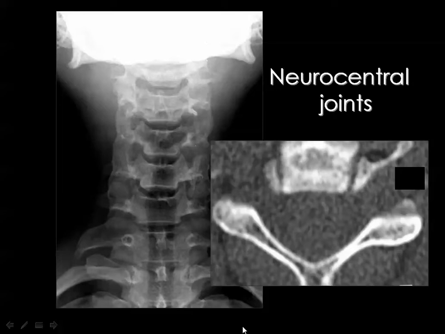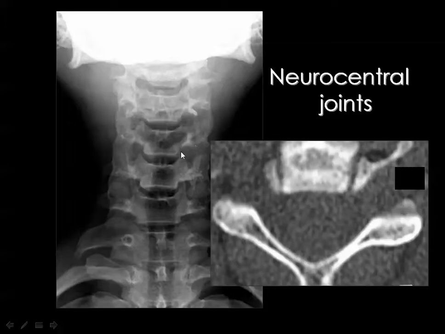In the cervical spine, we have another joint, which is the uncovertebral joint, the joint between the vertebral bodies. And you see in the cervical spine that there are two elevations on either side of the superior surface of the vertebra, where the vertebra above is articulating with the vertebra below.